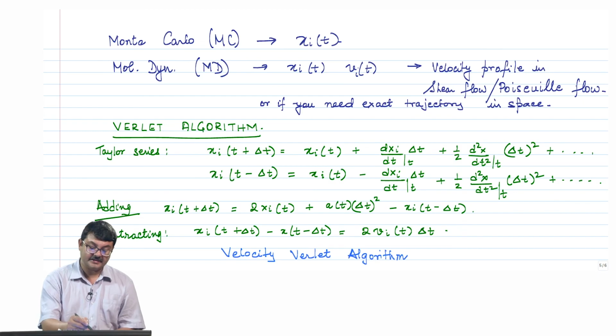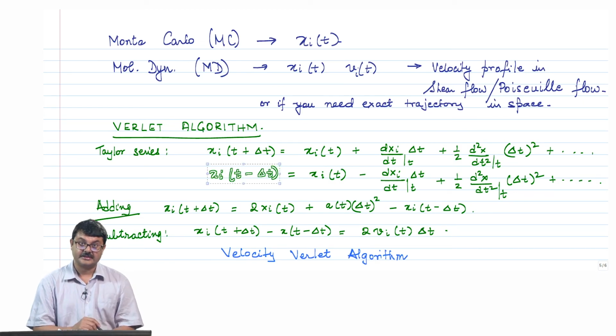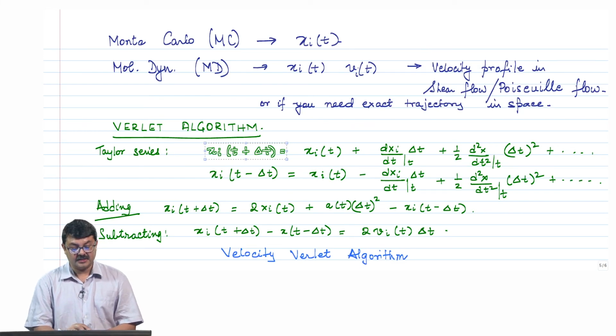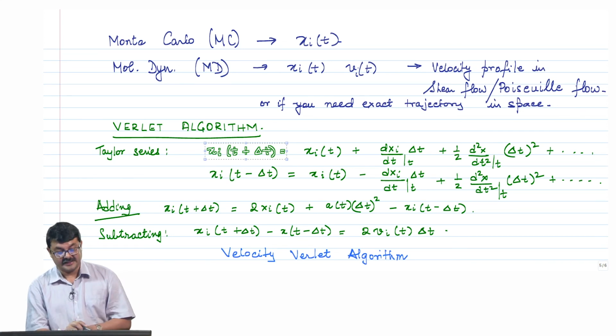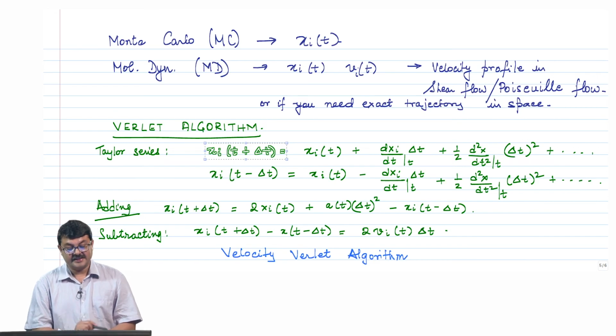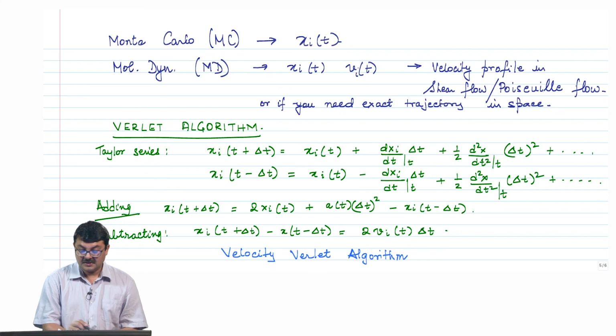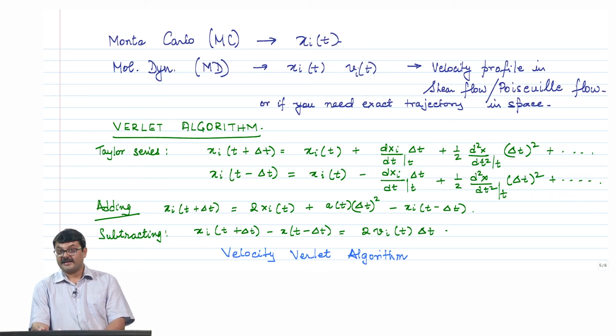Now, if you add these two equations, then you essentially get x at t plus delta t, the position of particle i at time t plus delta t. You get 2 x_i calculated at time t, plus acceleration at time t times delta t whole square, and basically, I bring this term to the right hand side of the equation.